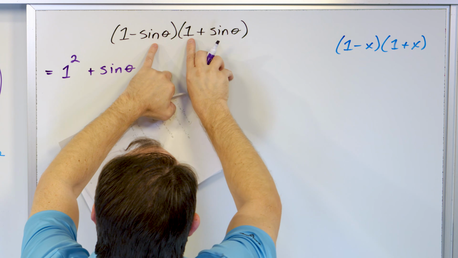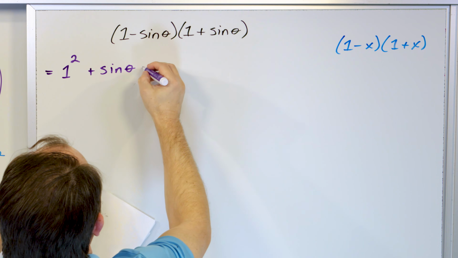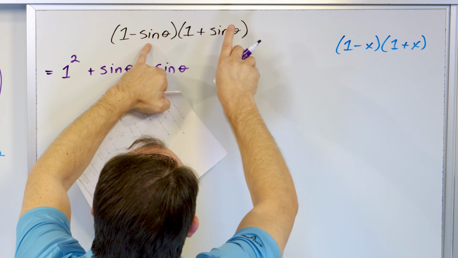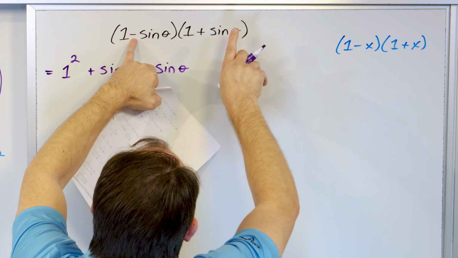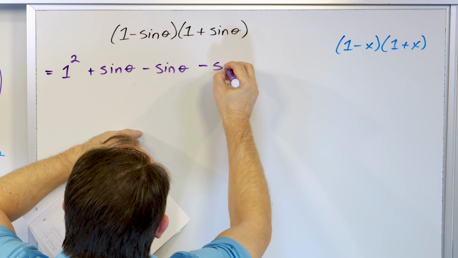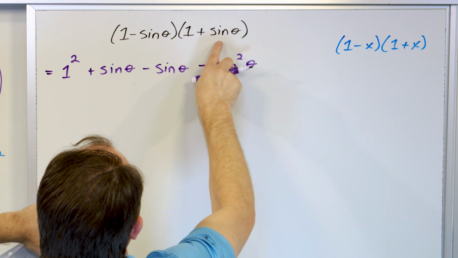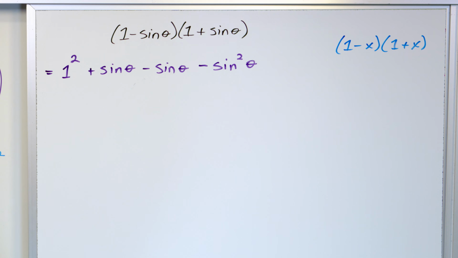The inside terms, 1 times the negative sine is going to give me negative sine of theta. And then the last terms, I have a sine times a sine, but this one's negative and this one's positive. So it's negative sine squared theta, because the sine times the sine is this, and the negative times the positive is this. This looks ugly, I agree with you, but this is exactly what this multiplication is.